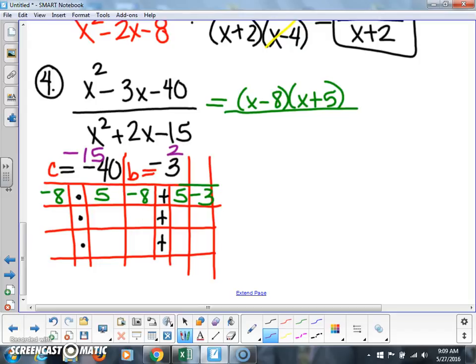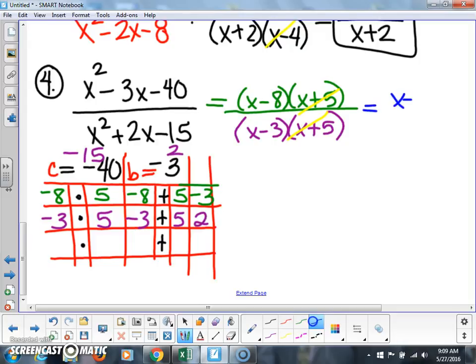Negative 3 and 5. Negative 3 times 5 gives me negative 15. If I add negative 3 plus 5, you're going to get a positive 2. So your factors are x minus 3 and x plus 5. Do we have anything in common in the numerator and denominator? X plus 5. So you're left with x minus 8 over x minus 3.